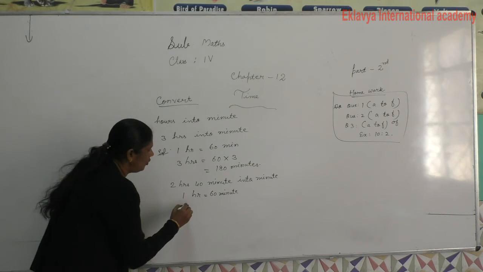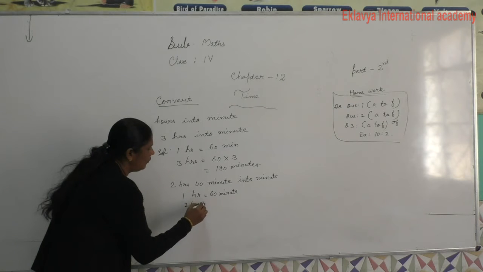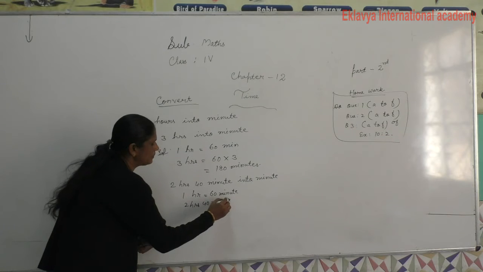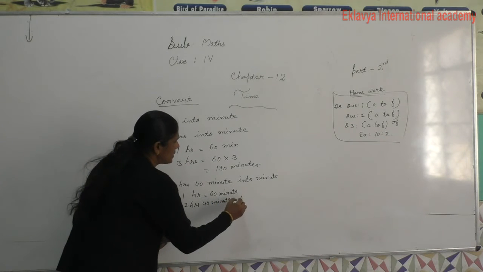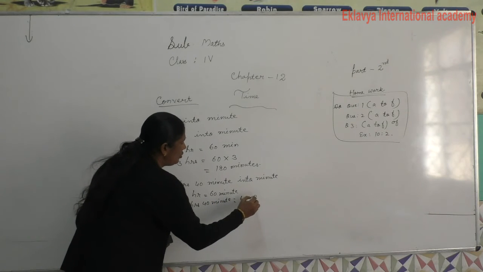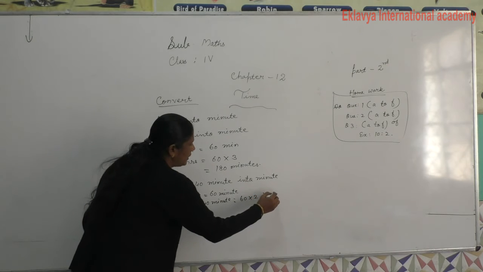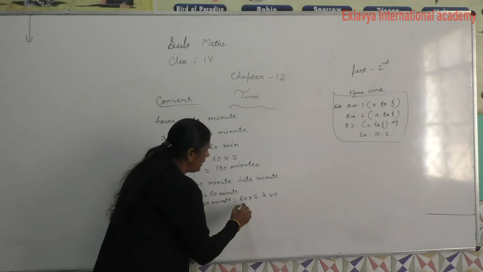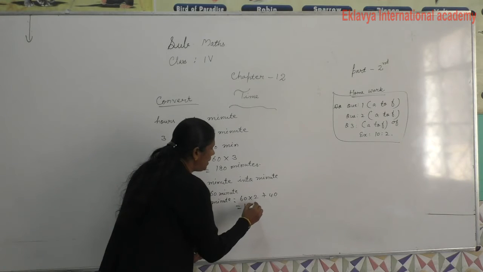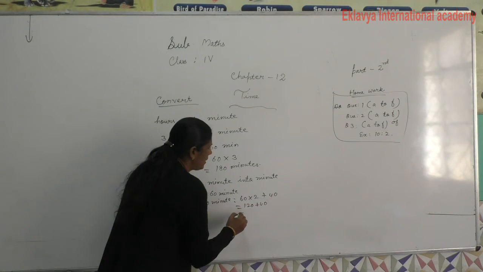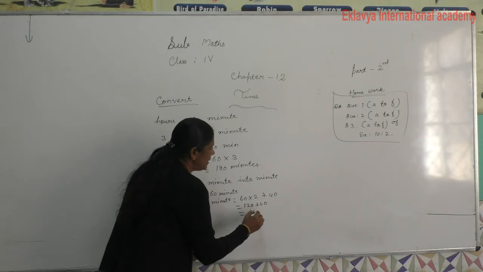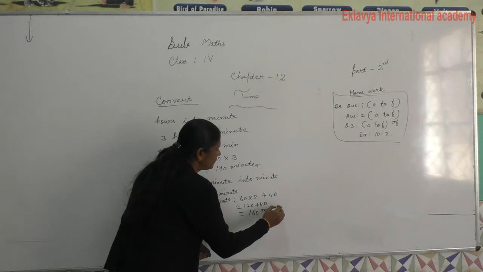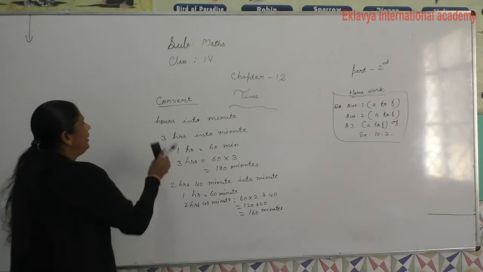Then 2 hours 40 minutes is equal to 60 into 2 plus 40. Then 120 plus 40 is equal to 160 minutes. Understand?